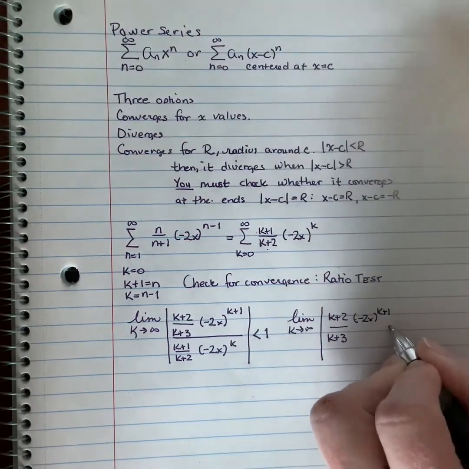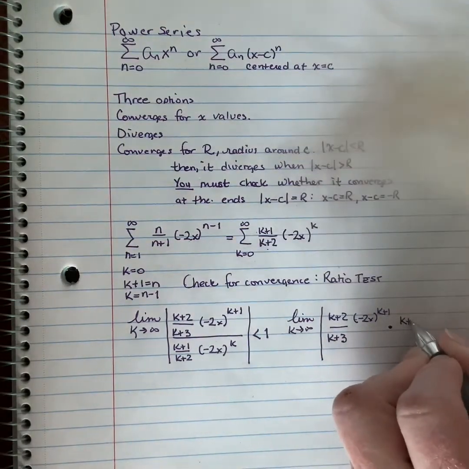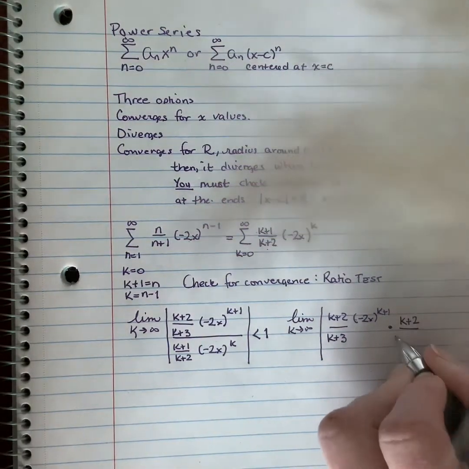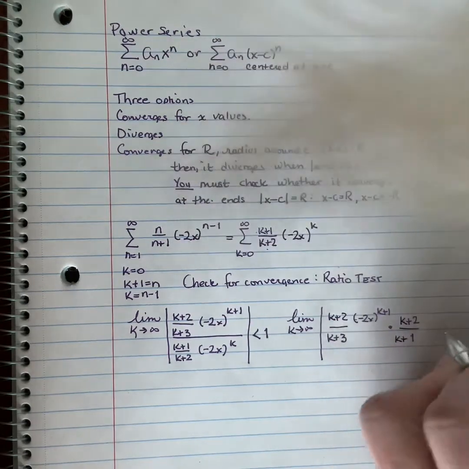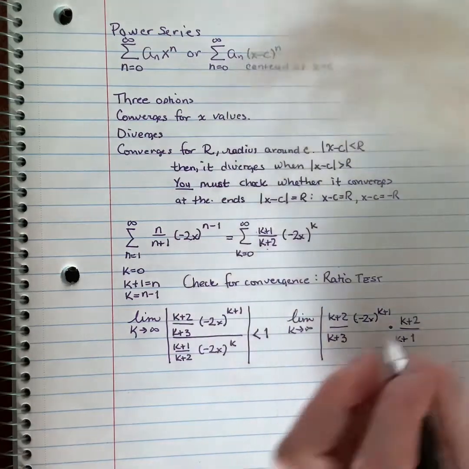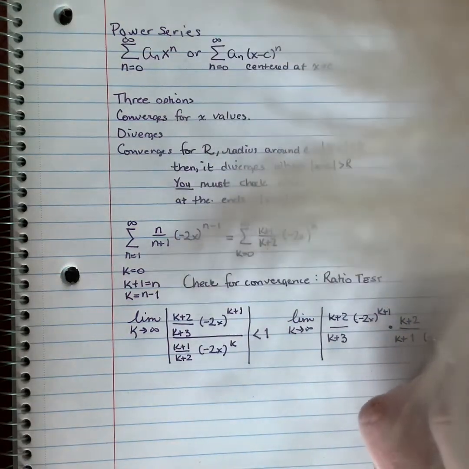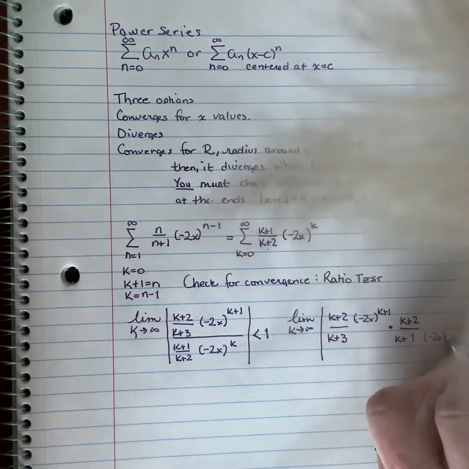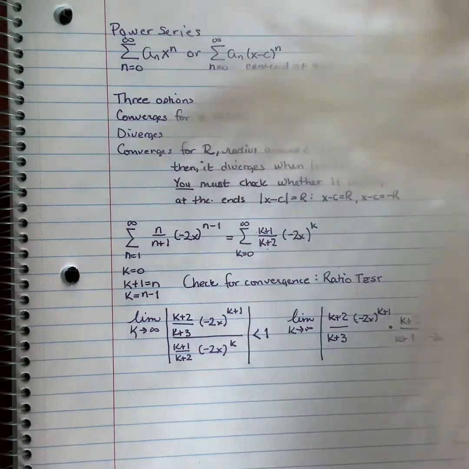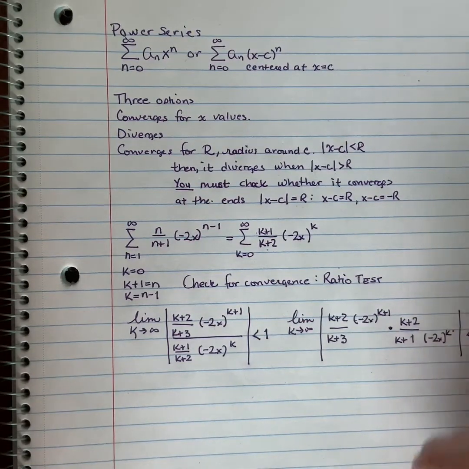And then this is multiplied by the reciprocal of this one, which is (k+2)/(k+1). This was in the numerator of this fraction, so it's in the denominator of this one. Okay, so just k. And that stuff's got to be less than 1.